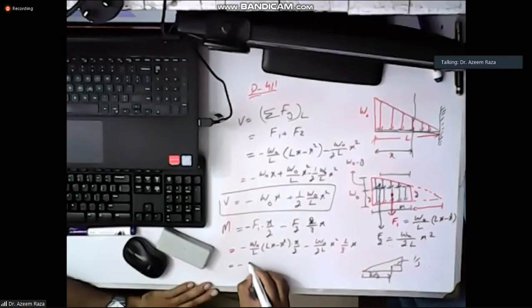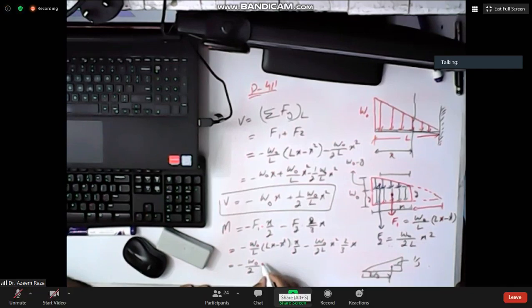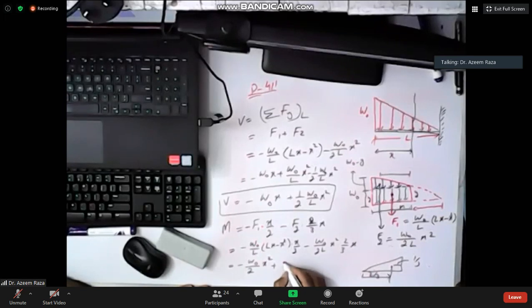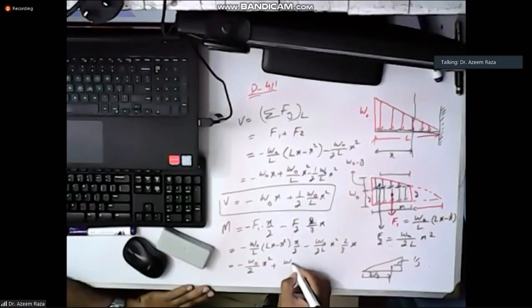So let's multiply all these together. This will become minus w naught. L will be cancelled. It will become 2. Minus w naught over l, and plus, it will become w naught x cubed over 2l, right?